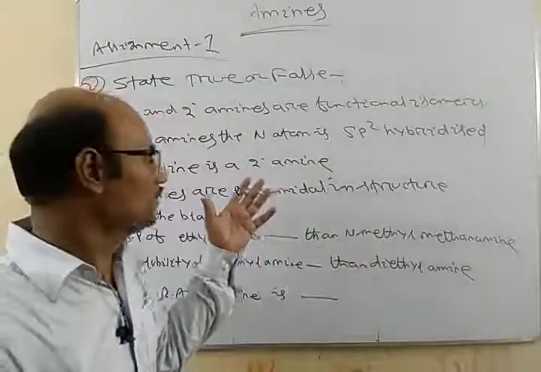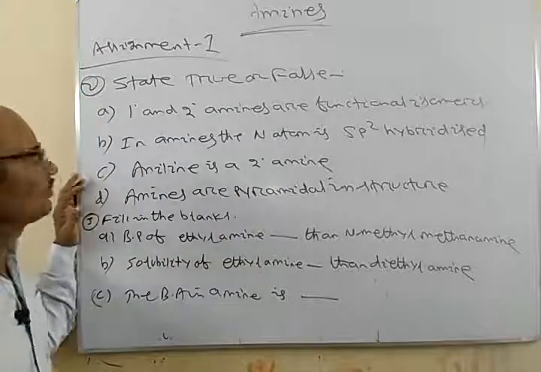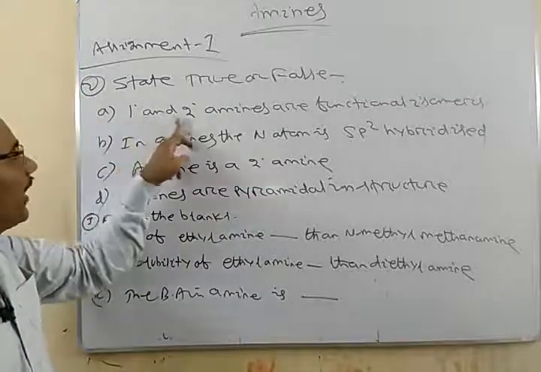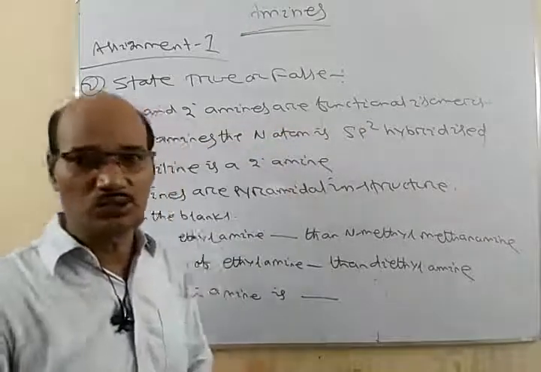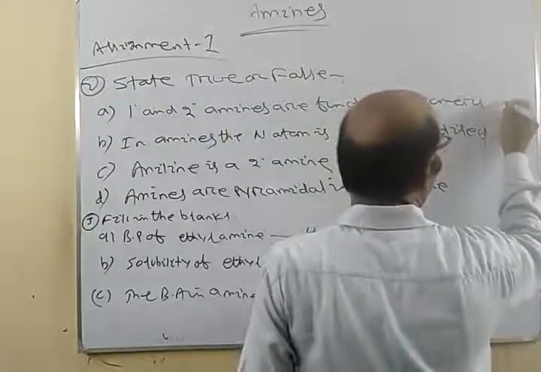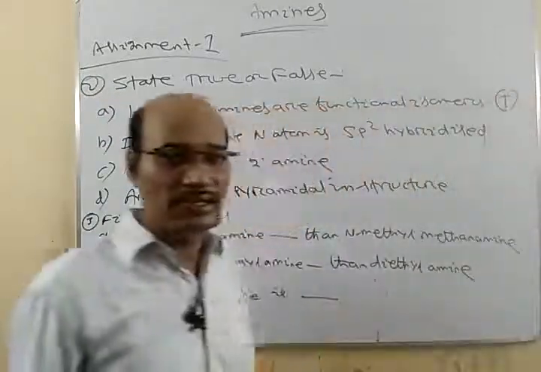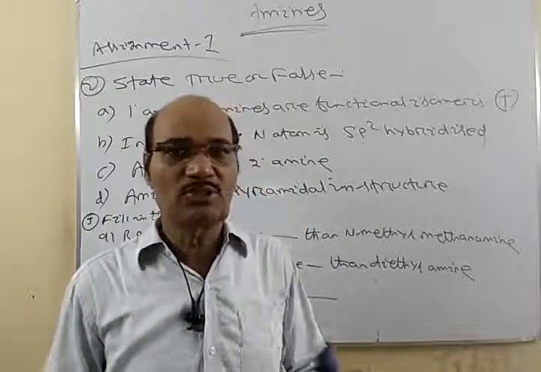Okay. Really naming is set. Some other questions here. See, state true or false. 1 degree and 2 degree amines are functional isomers of each other. It's true, because I already told you primary, secondary and tertiary amines are functional isomers of each other.